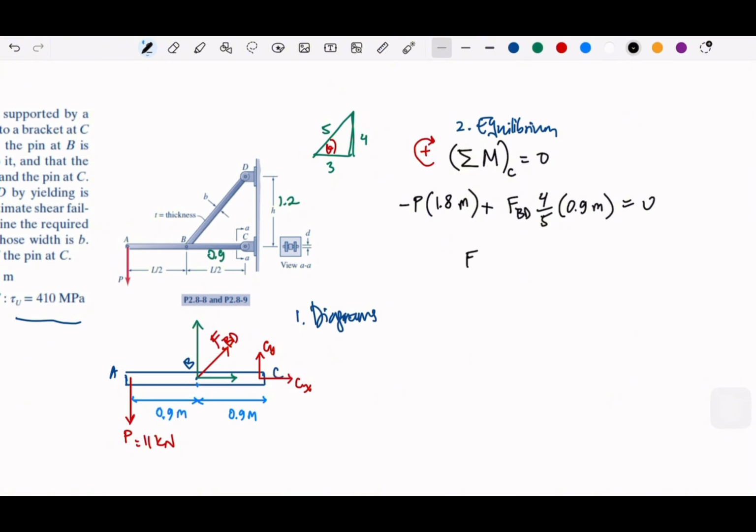So FBD is P, we can cancel this 2, so 5/2 P, which is 2.5 multiplied by 11. Let me just write the final result. This will be 27.5 kilonewton.